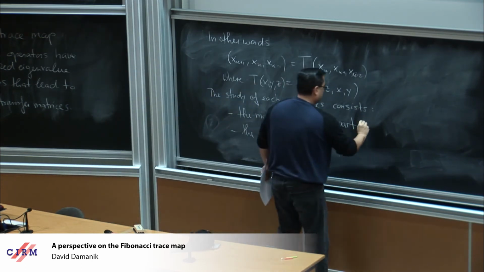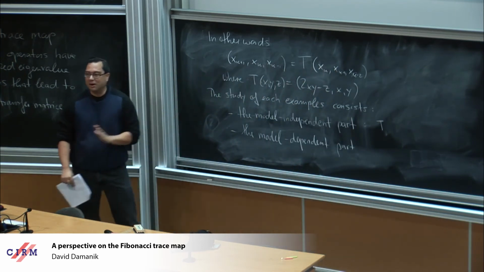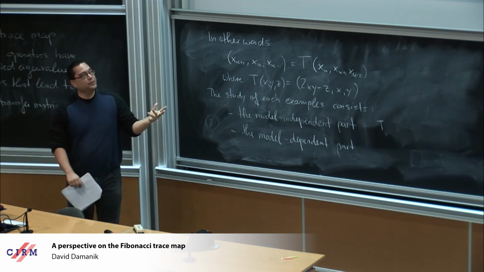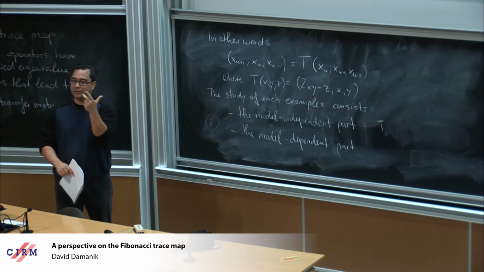The first one is T. The map T is common to all of them, and I hope this has become clear. All you need is the Fibonacci substitution, which leads to recursion of the SKs, which leads to recursion of the MKs, and then if you have determinant 1, it leads to the recursion of the half traces. And that will be the same for all the examples.